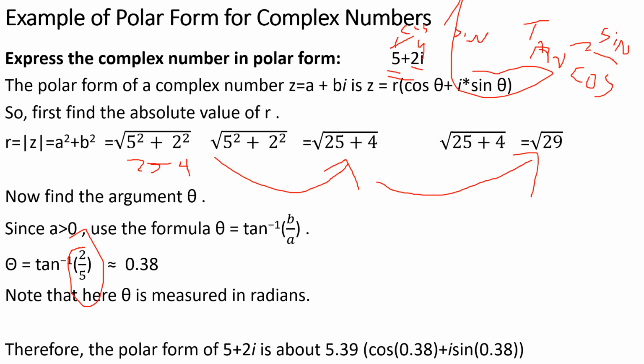So all we've done here is 5 plus 2i in polar form is 5.39, that's the square root of 29, times cosine of 0.38, which we figured out here, and i sine 0.38. There's my imaginary coordinate.